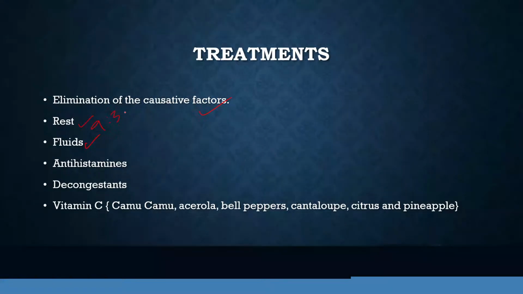And so in these quotations, we find some of the herbs, or some of the ways we can treat the common cold symptoms and symptoms for flus.